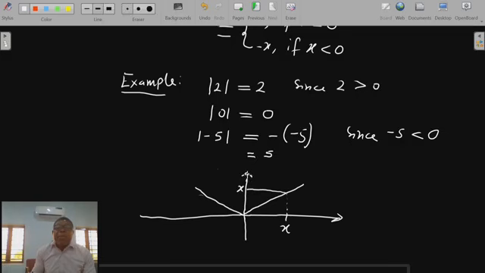Now here, assuming that here is minus 1, our expectation is that if you trace the value of this curve, what you get here will be 1. So the absolute value of minus 1 is 1. Good. So this is the sort of graphical representation of absolute value of x.